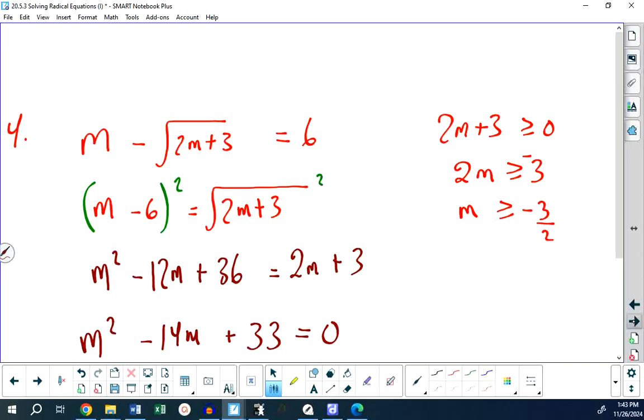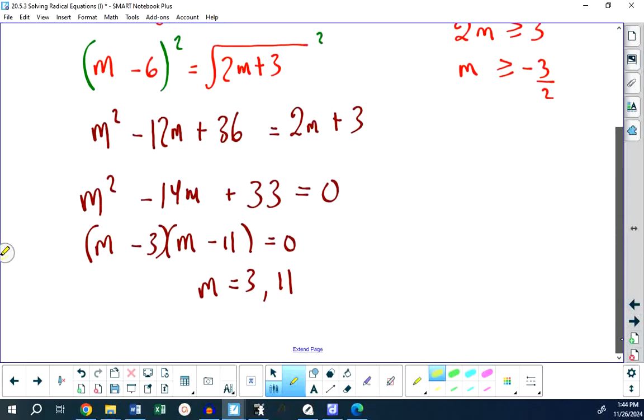Can you confirm when you put 3 in here and here, that the left side will be 0. So that doesn't work. If it were plus, it would work, but since we squared it, the mathematics rules don't know whether it was plus or minus because it becomes positive anyway. So 3 is gone.